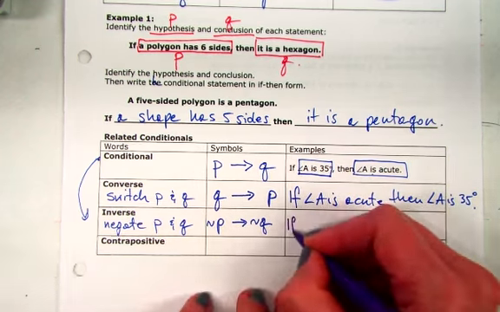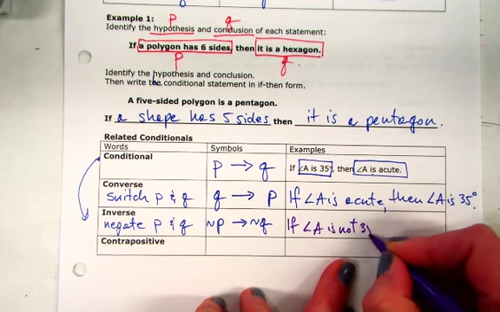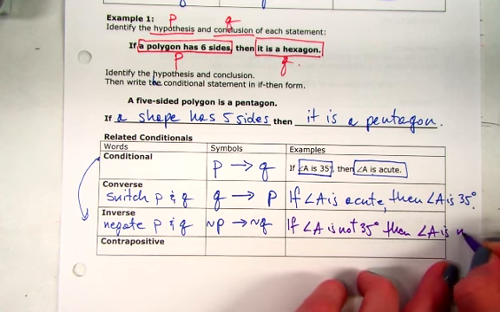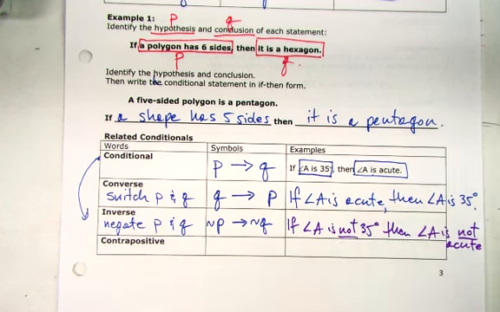That's all you have to do. If angle A is not 35 degrees, then angle A is not acute. So you're just adding the negation into both P and Q and keeping the same order. P first, Q next. Okay?